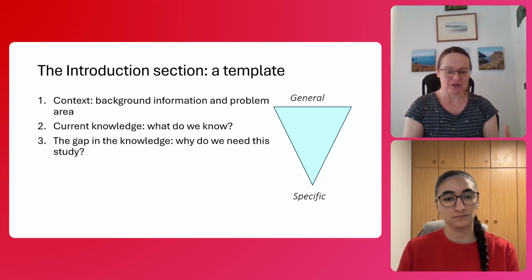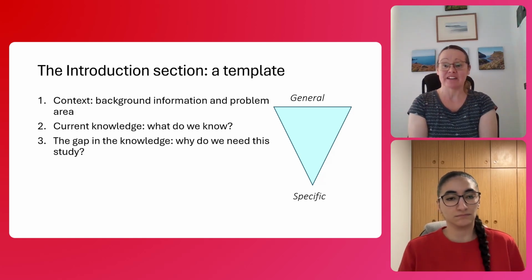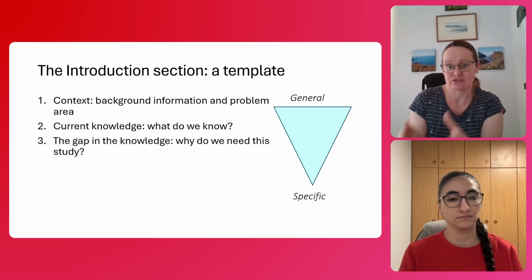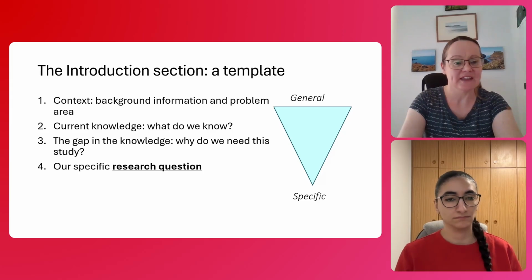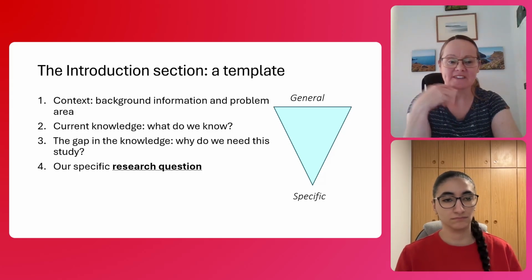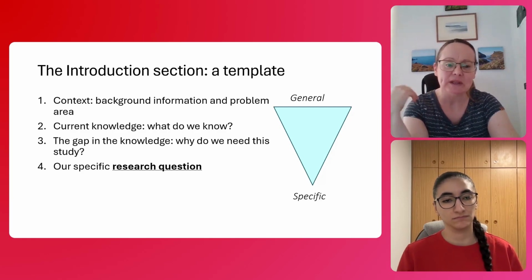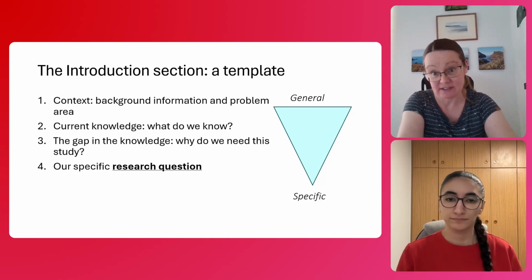Okay, so although we've made leaps and bounds over the years in this area, this is still a problem. This we still don't know how to address. This knowledge is still missing. Okay, and then after that, we tell our reader how we plan to address that problem or how we plan to fill that gap by telling them what our specific research question is.